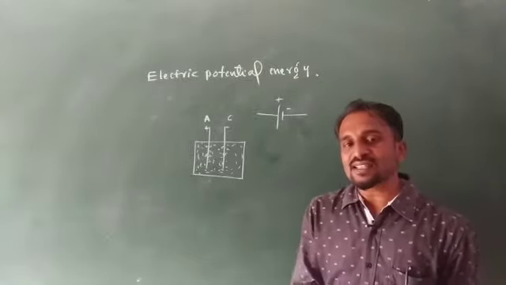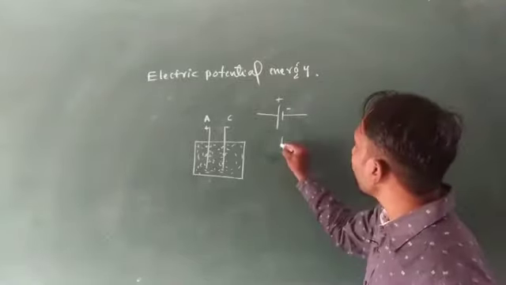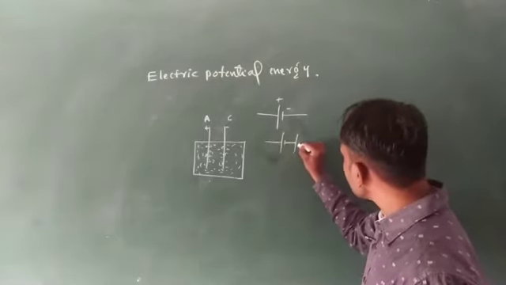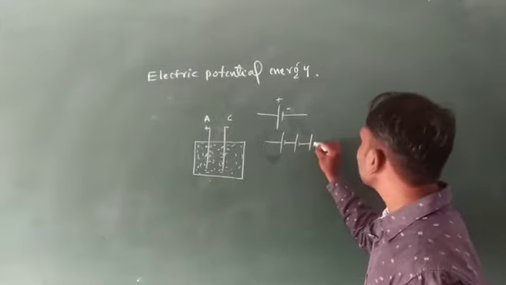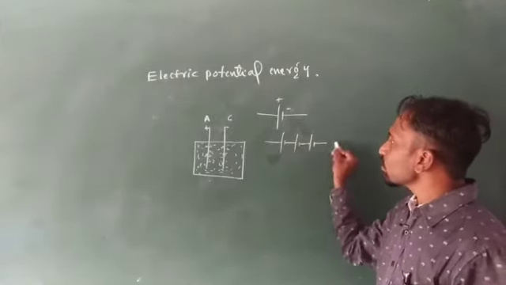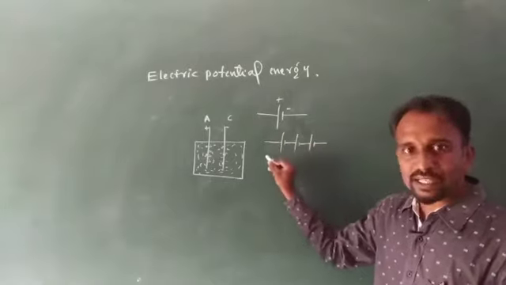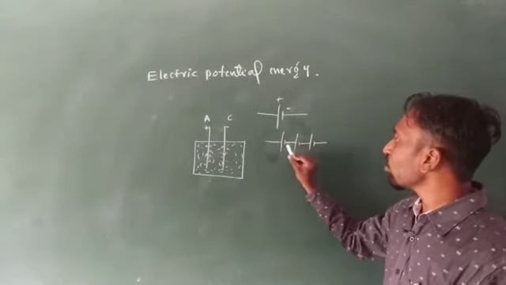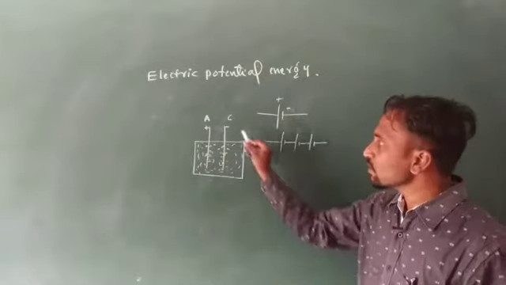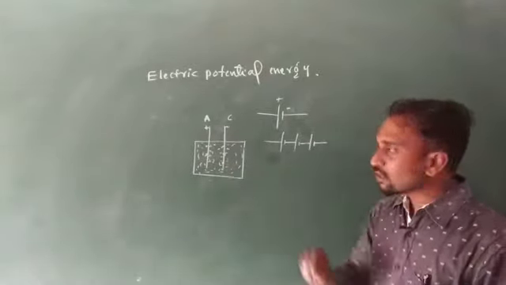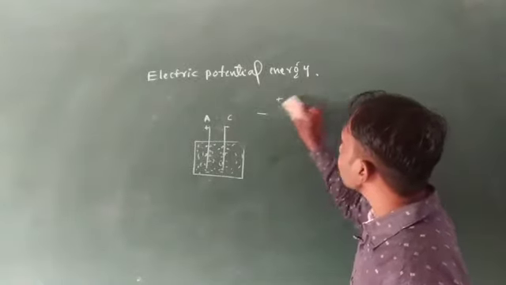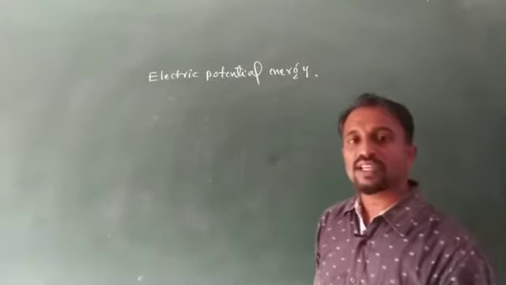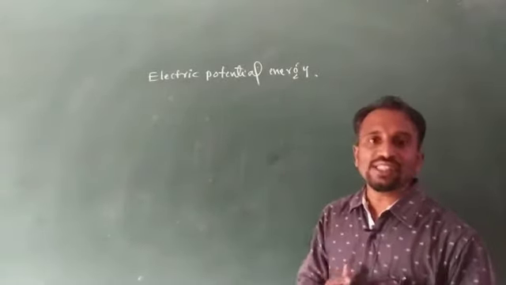Suppose a number of cells are connected in series: this is the first cell, the second cell, and here the third cell. This is a series battery, where a number of cells are connected in series. This cell always provides electric potential to the circuit.